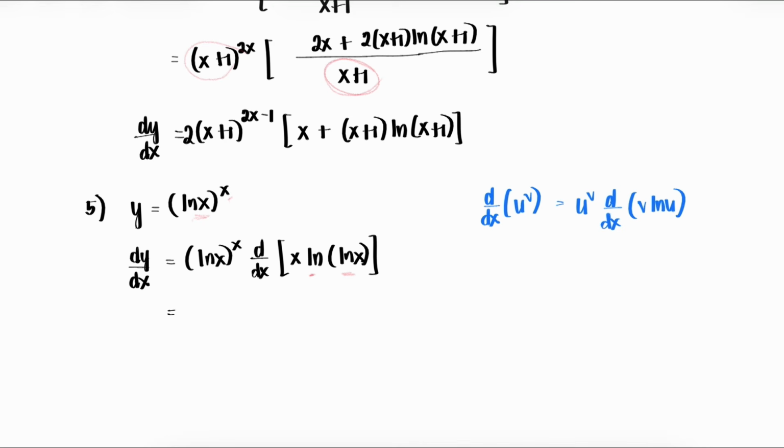Okay, so to continue, that's ln x to the power of x. And we still use the product rule. So copy x. The derivative of ln of ln x is 1 over u. So 1 over ln of x, multiplied again to the derivative of ln x, which is 1 over x, plus ln of x.